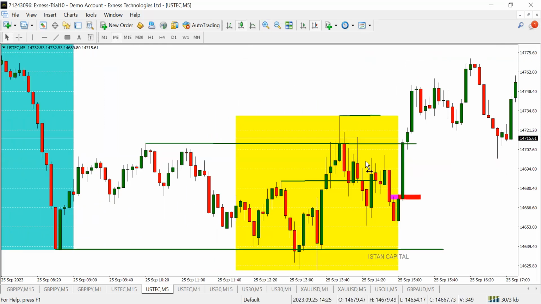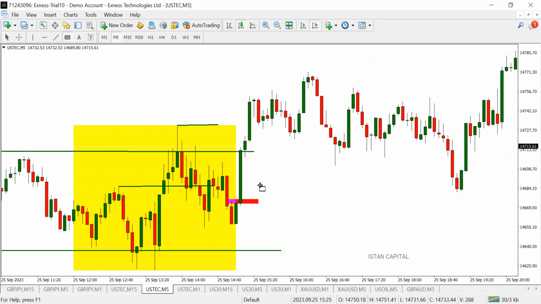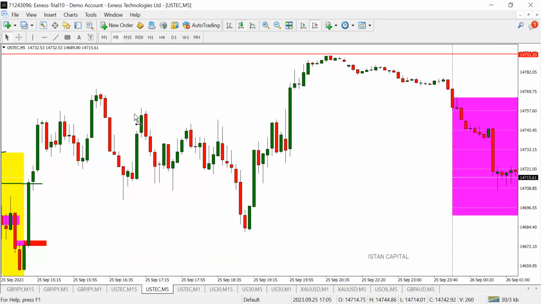This is your engulfing. Now, if you have taken this trade around here, your stop loss should be below. Sorry, mistake. Stop loss should be below this candle, and you'll be making money, right?